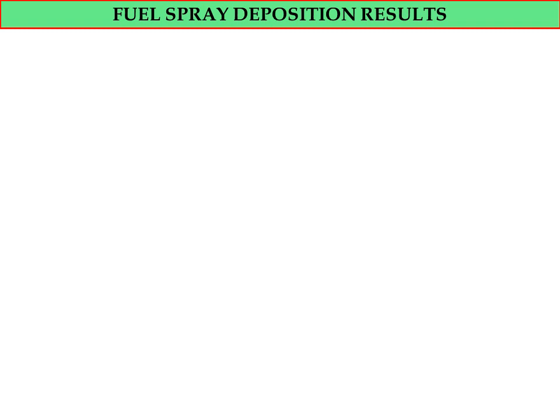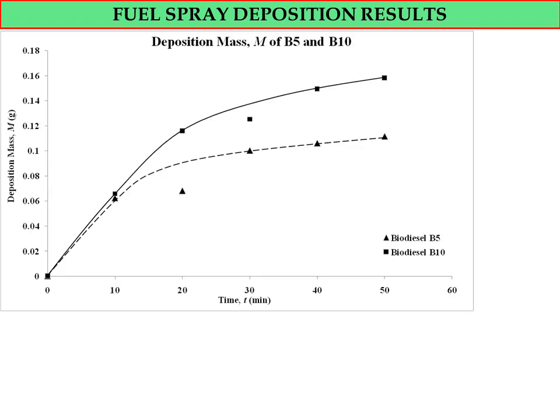Okay, so the result in terms of mass of deposit accumulation on the hot wall. After every 10 minutes of spray impingement on the hot wall, the amount of deposit accumulated on the hot surface is measured. After we obtain the mass of deposit accumulated, we plot this graph, where we have deposition mass m in grams versus time for every 10 minutes.